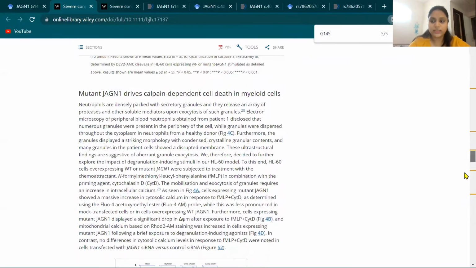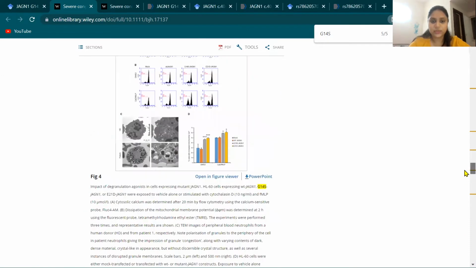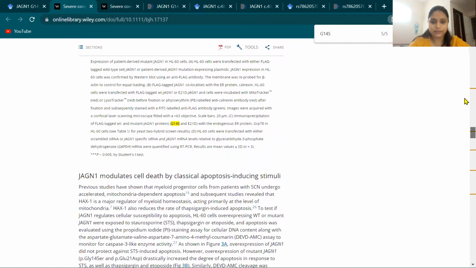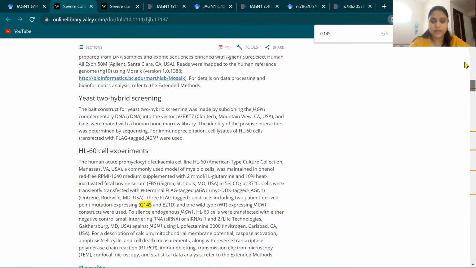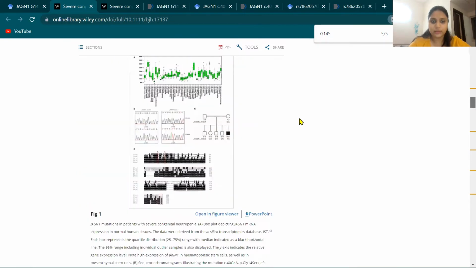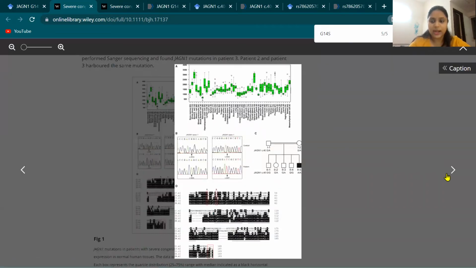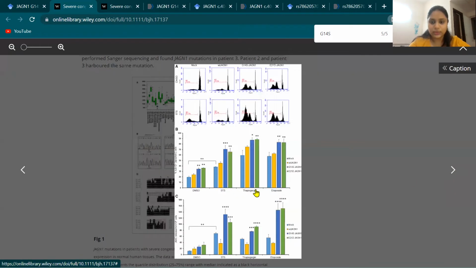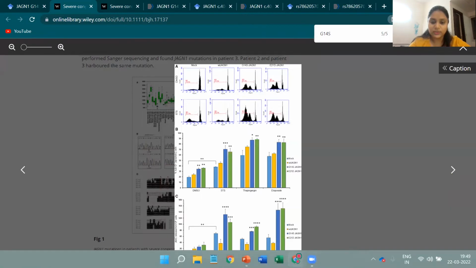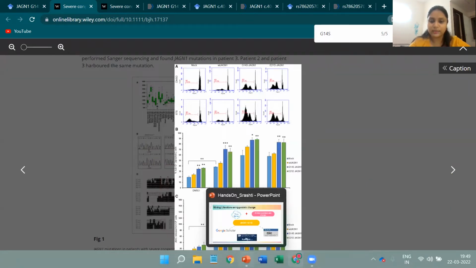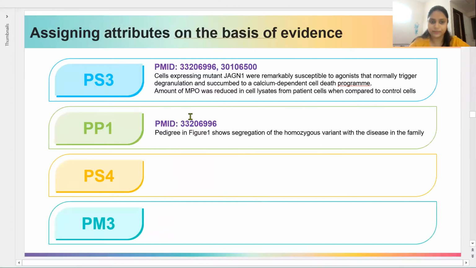So therefore, this paper has sufficient evidence to assign PP1 supporting due to this pedigree and PS3 due to the functional assays that have been given in this particular study. So we will go ahead and assign this PP1 supporting and PS3 to this particular variant.